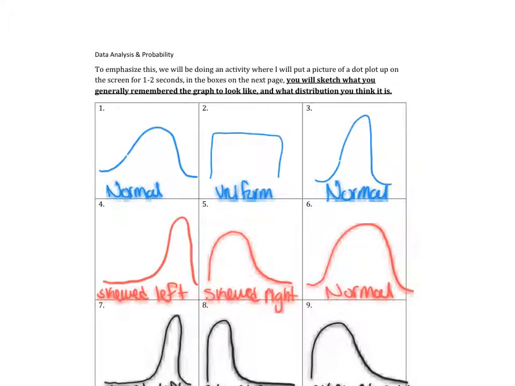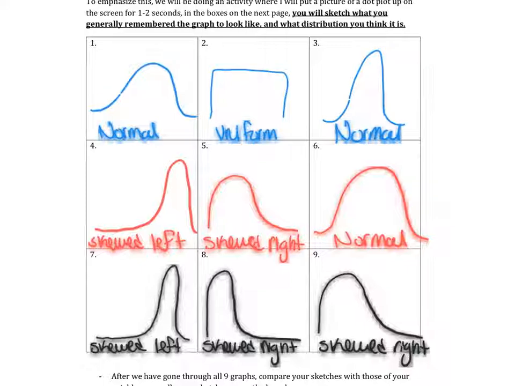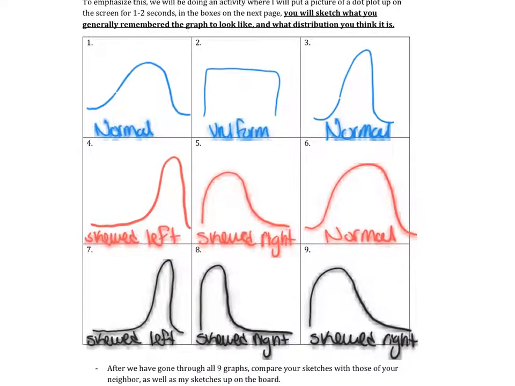So compare your sketches and how you labeled them. I have what I labeled up here. Again, the idea is a very general shape, the very big general outline. We don't care about the little ups and downs that happen in the middle, just a very general curve.